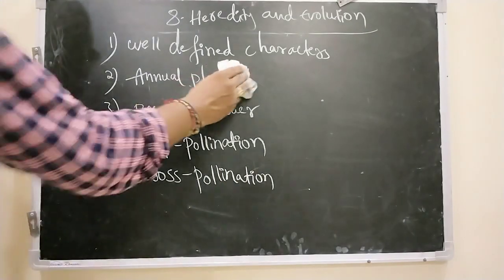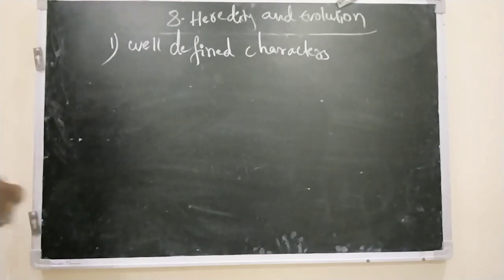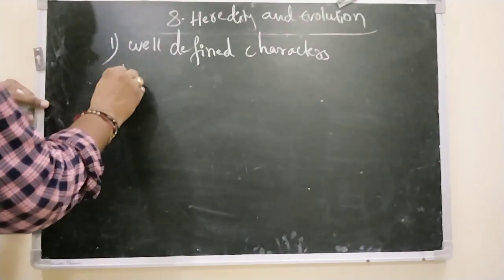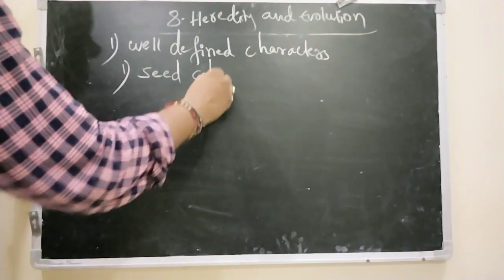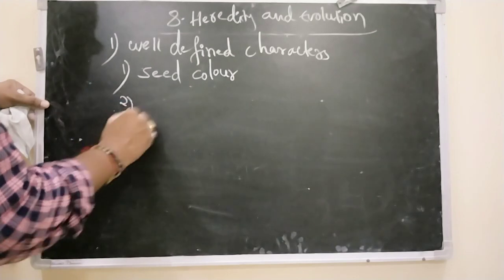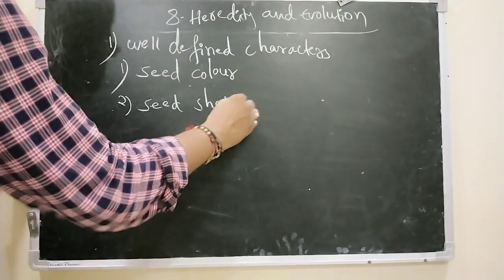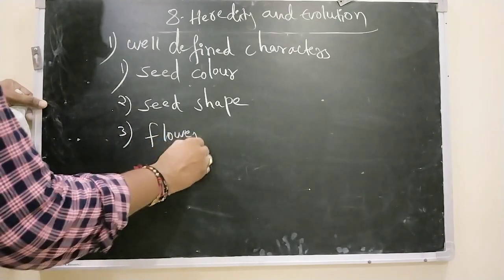Okay, right. What are the features he observed in pea plant? One is the seed color. Another one, seed shape. Next, flower color.